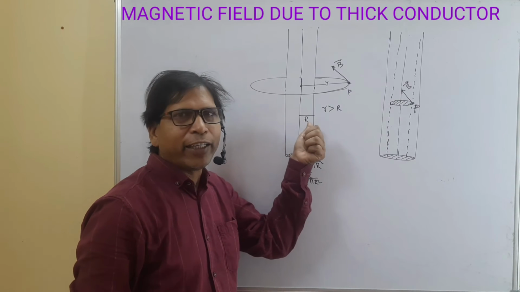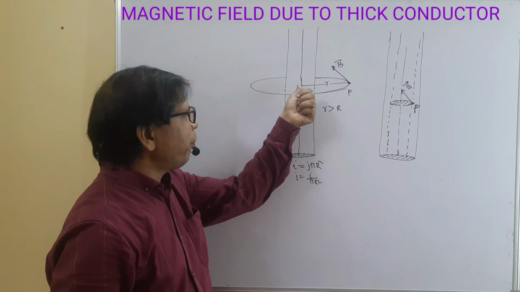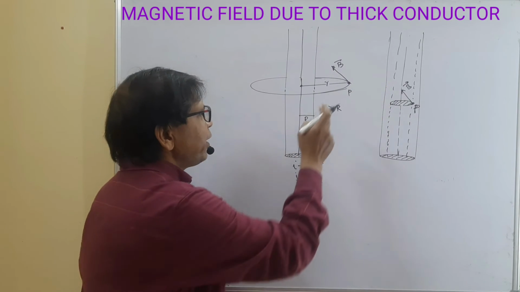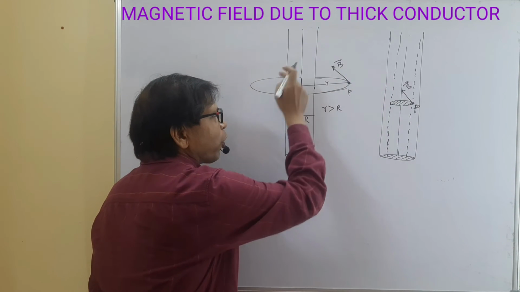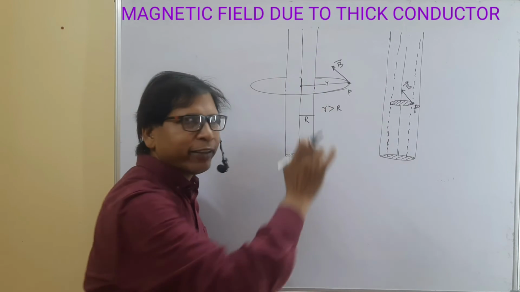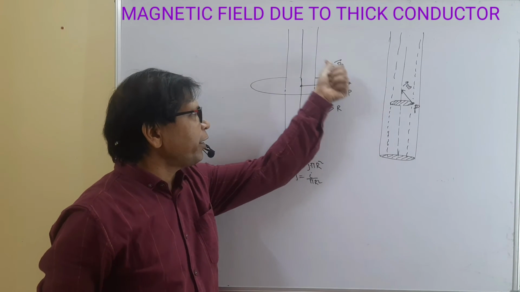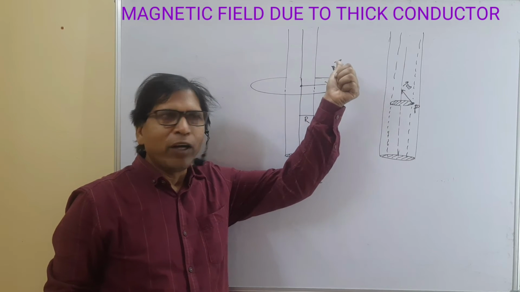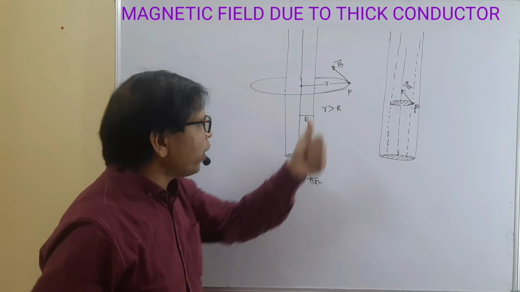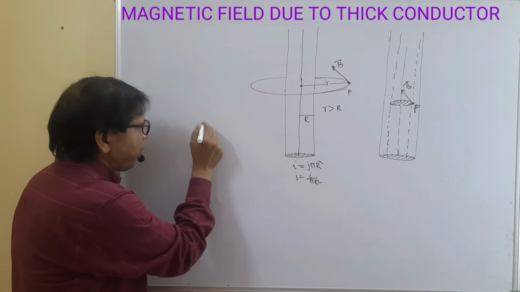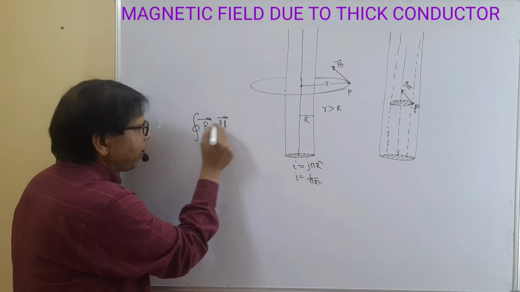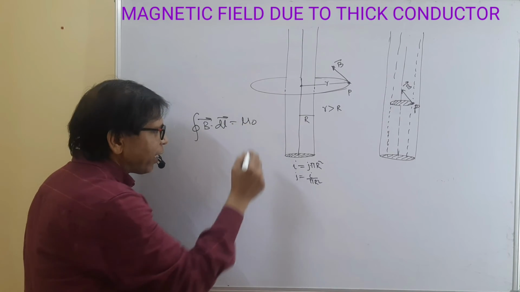Now we have to calculate the magnetic field due to a thick conductor of radius capital R and the current through it is I. First of all, the magnetic field outside the conductor. This is a circular loop around the conductor and the center of the loop is here at the axis. So here the magnetic field is uniform on the loop and tangent to the path. So look at this, if B is the magnetic field, then B vector dot dl vector, the line integral, equals the current enclosed.